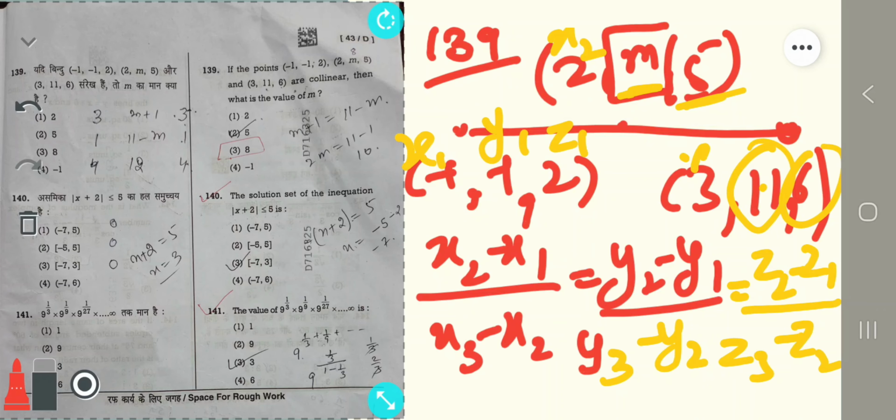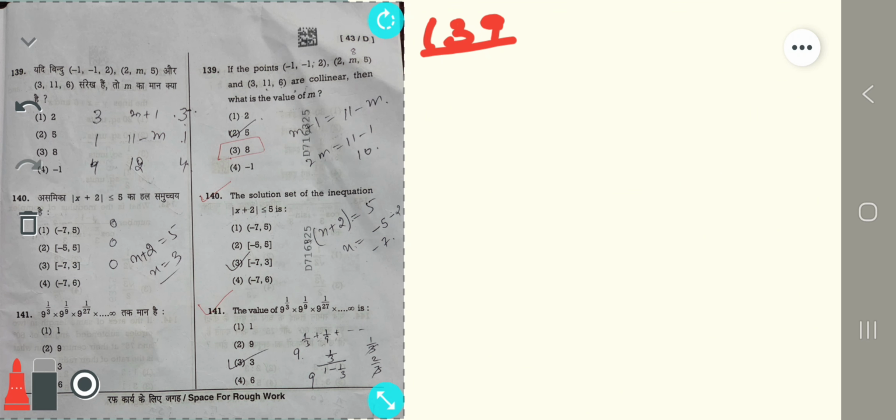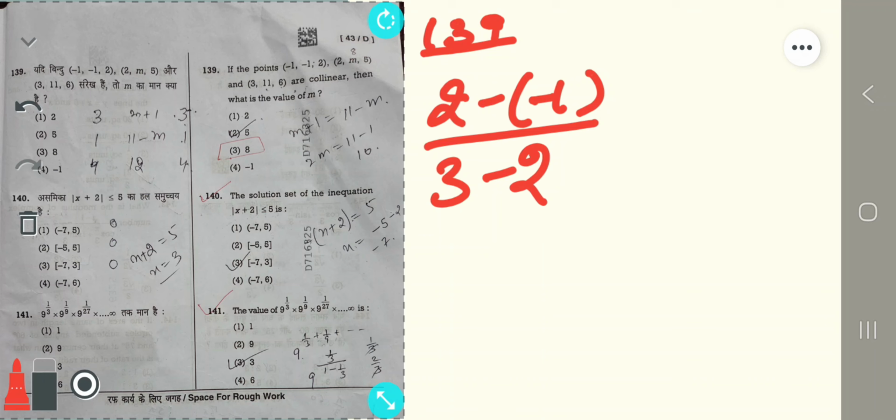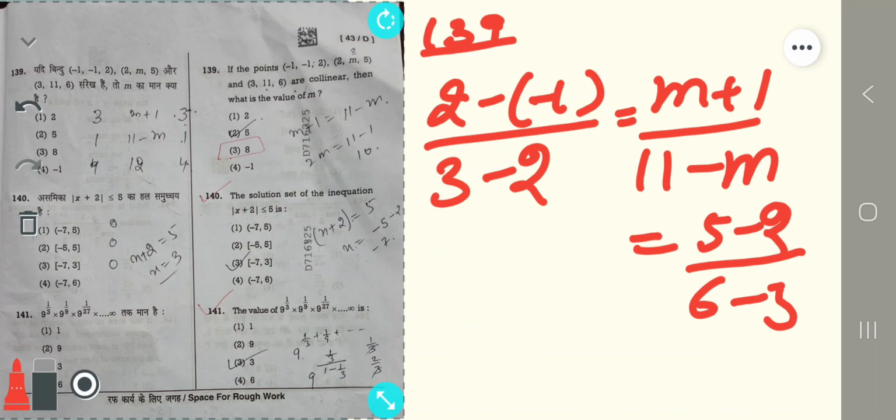So put the values in this equation and we will get 2 minus (-1) upon 3 minus 2 equals m plus 1 upon 11 minus m equals 5 minus 2 upon 6 minus 5. So first solve this one.